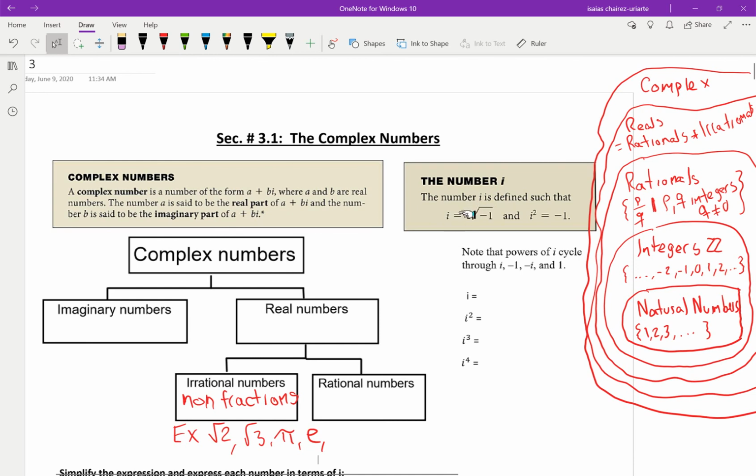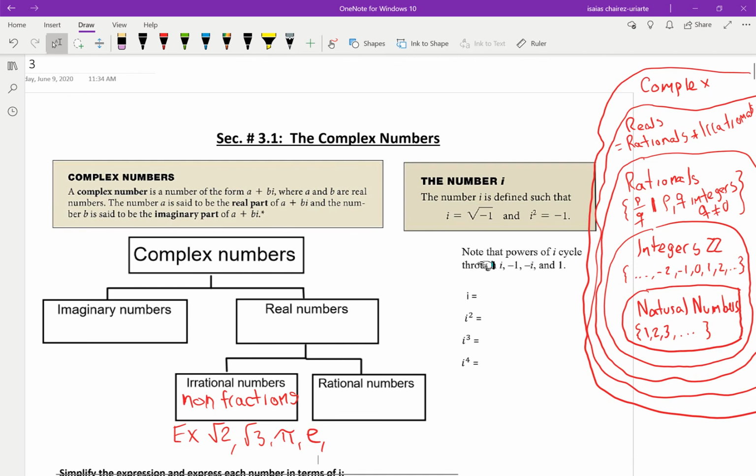So i is the square root of -1, and if you square i, then you end up with -1. So this is definitely something to keep in mind: i squared is equal to -1. You're going to be using that a lot in this section, so make sure to sear that in your mind.